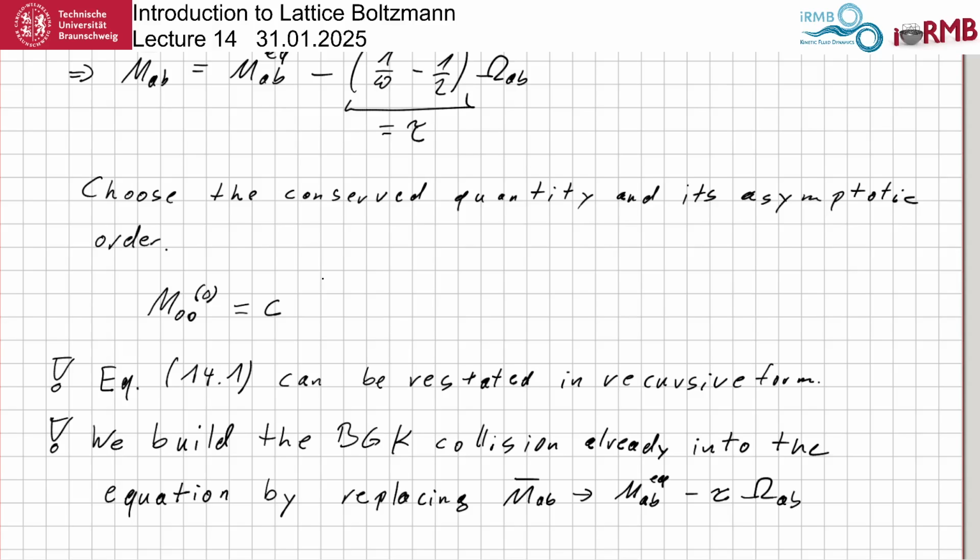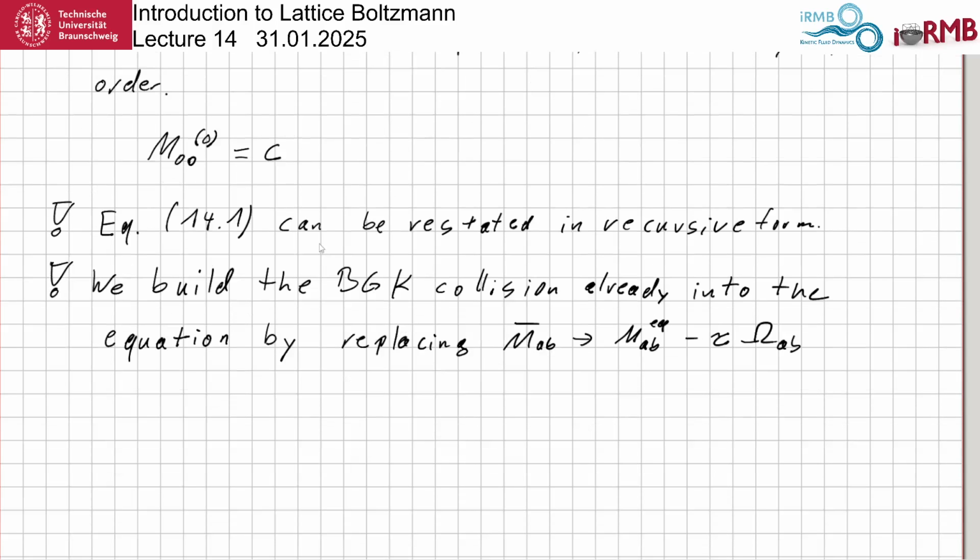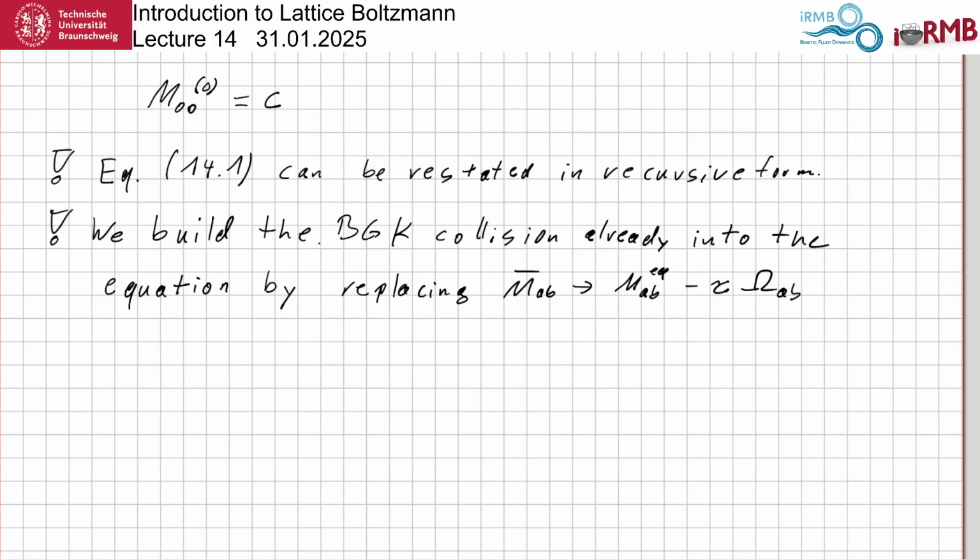So, and now, actually before I'm doing this, I want to point out some property of this equation. So, and this is about the leading term of the equation 14.1. Okay, well, because we did it wrong before, let's write it again.